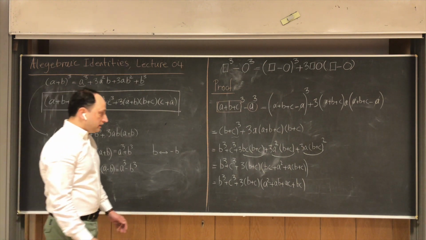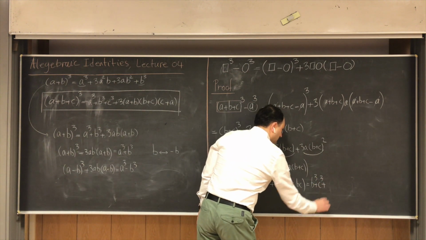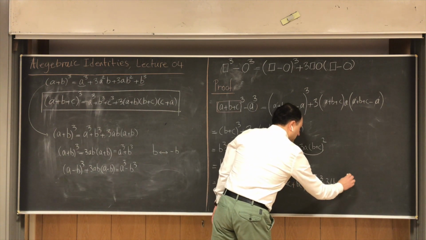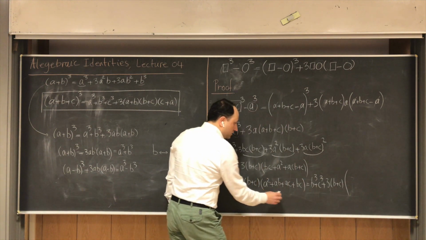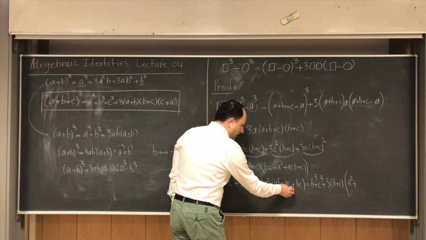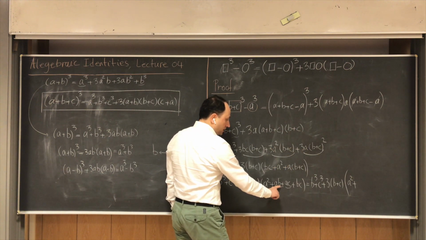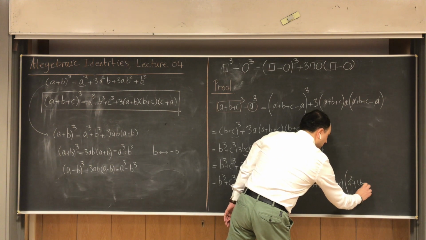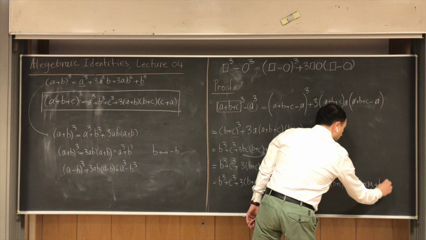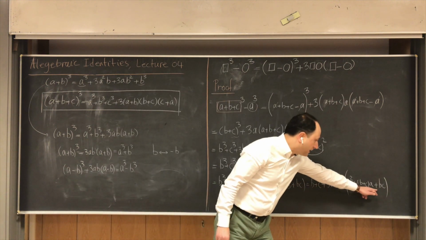So I can write b cubed plus c cubed, and then I have 3(b plus c). And then you see I have a squared here. And then I can factor a out from these two. I will factor it on the right-hand side, so it becomes (b plus c) times a. And then finally, I have bc. Okay, can you recognize this last pattern now?